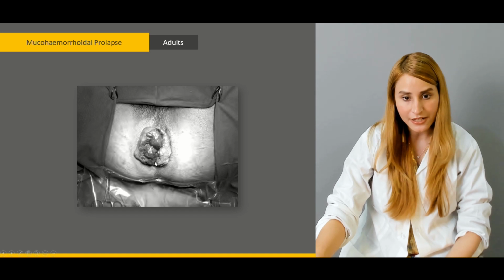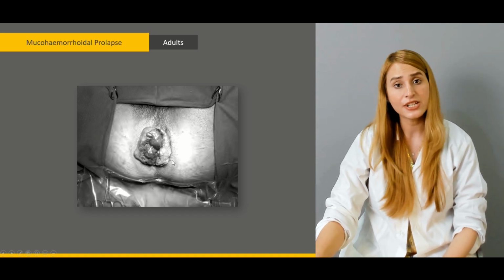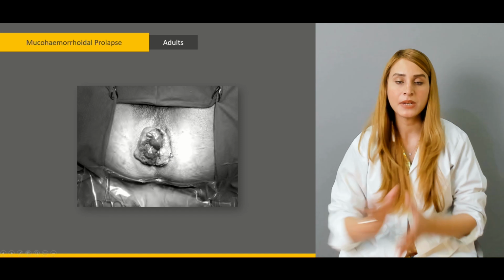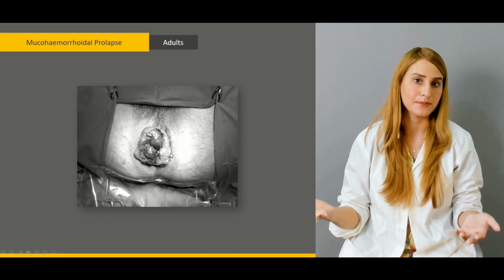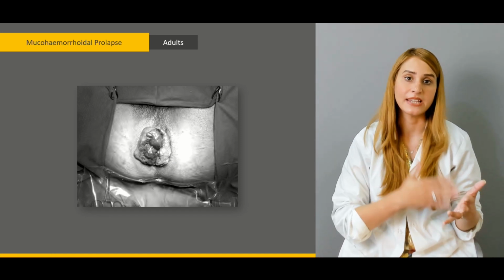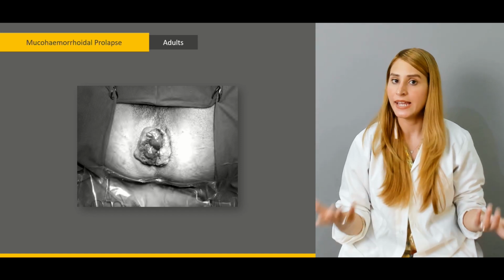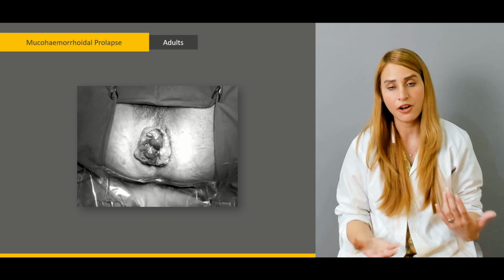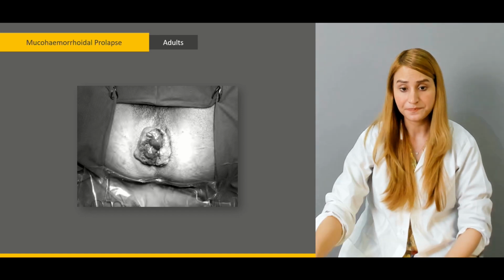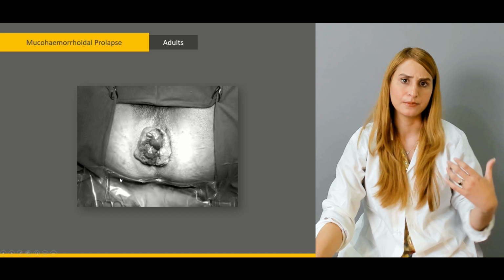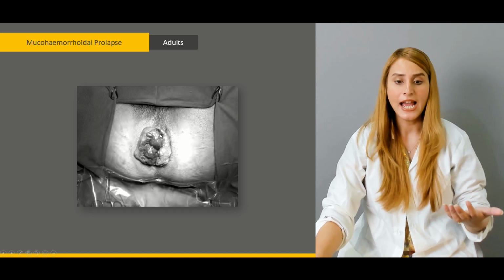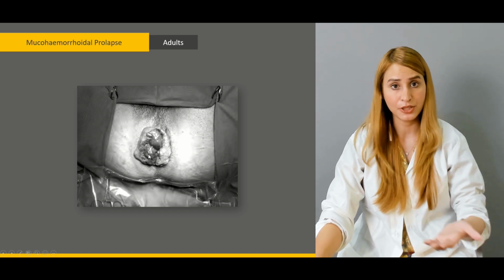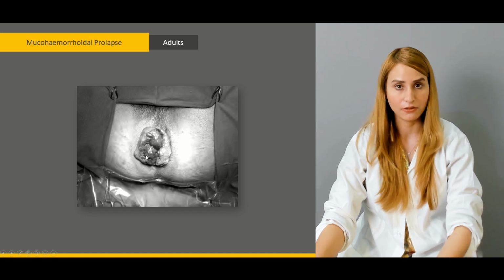You can see here, actually, there's a fourth-degree hemorrhoid, right? That means a fourth-degree hemorrhoid is a prolapsed hemorrhoid, where the internal hemorrhoid has just exteriorized, and it's not going anywhere inside on its own, so you have to perform surgery. So it can be a mucohemorrhoidal prolapse in which the hemorrhoid, along with the rectal mucosa, prolapses through the anal opening.